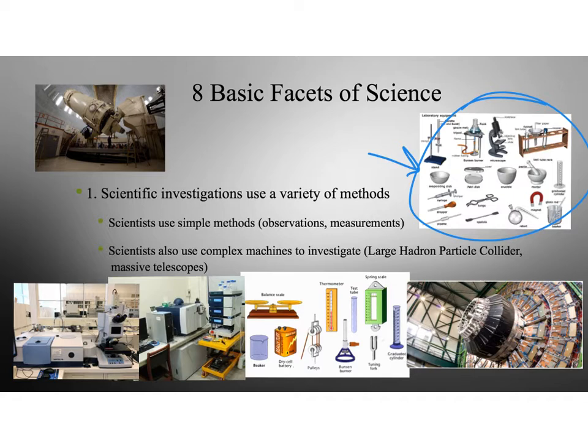Okay, but scientists also use really complex machines these days. Today we have the technology and the know-how to use really, really complex machines in order to investigate super intricate parts of our world.